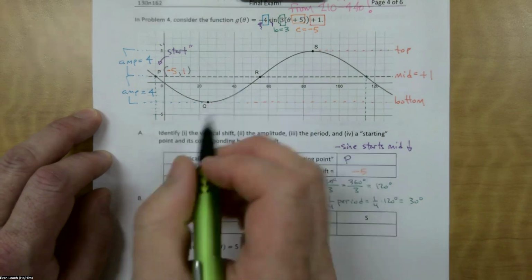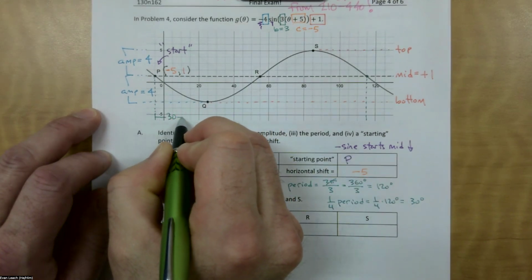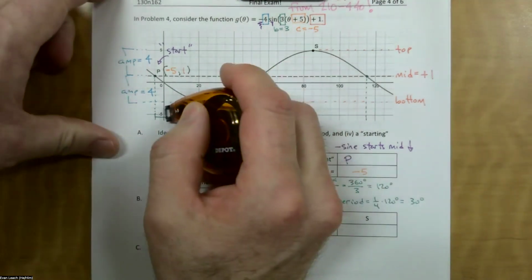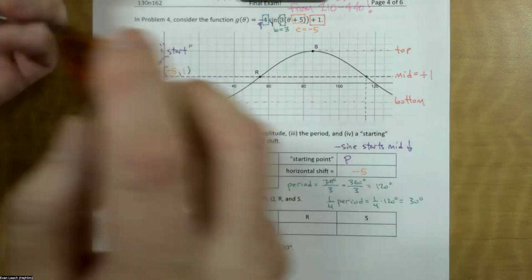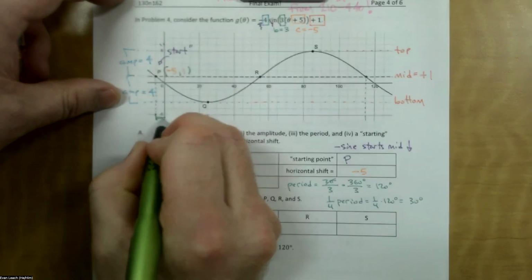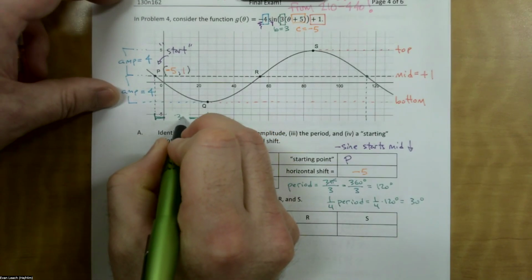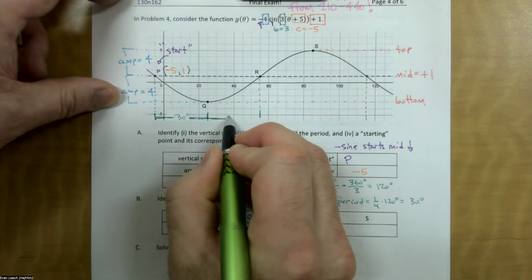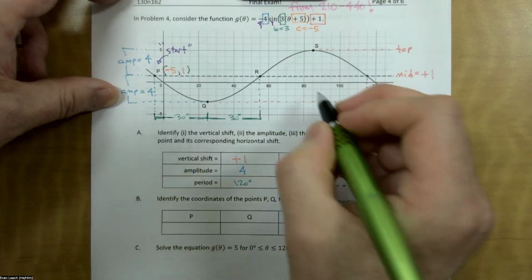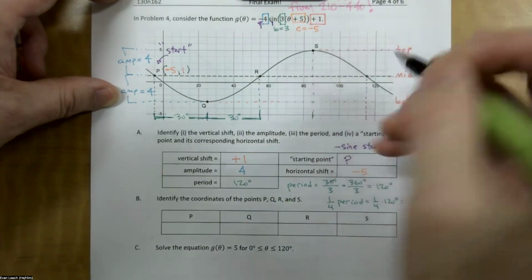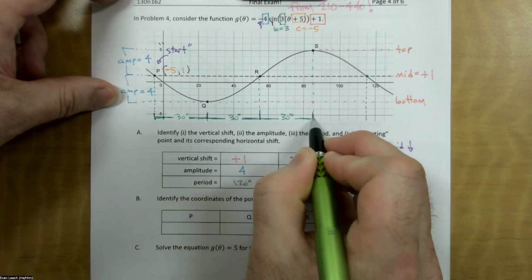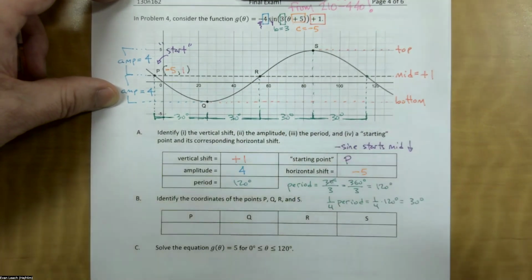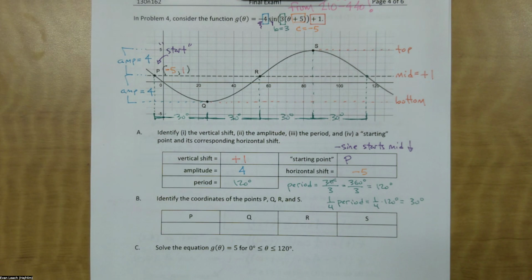That means these points are going to be 30 degrees apart, and that's from the x.